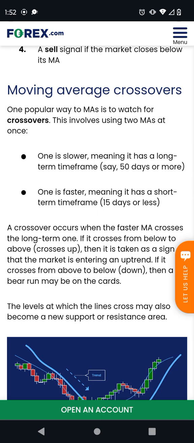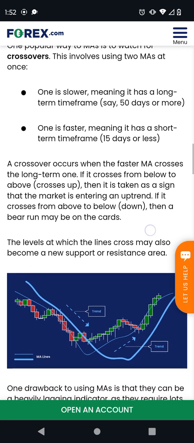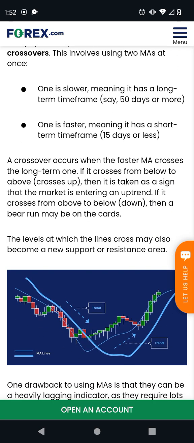Moving average crossovers. One popular way to use MAs is to watch for crossovers. This involves using two MAs at once. One is slower, meaning it has a long-term time frame, say 50 days or more. One is faster, meaning it has a short-term time frame, 15 days or less.